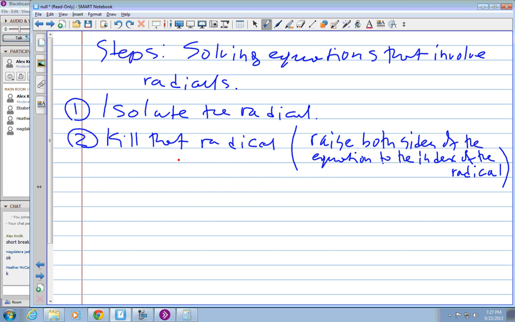Now, the third step, after you do steps 1 and 2, there still might be radicals left, because you might have started with more than one. So check for more radicals.